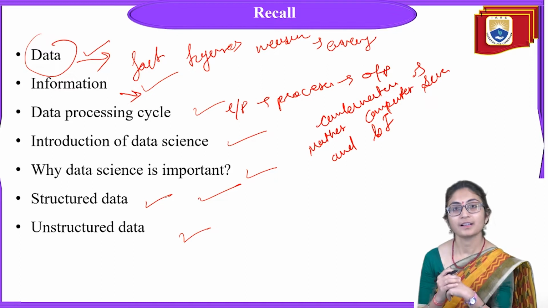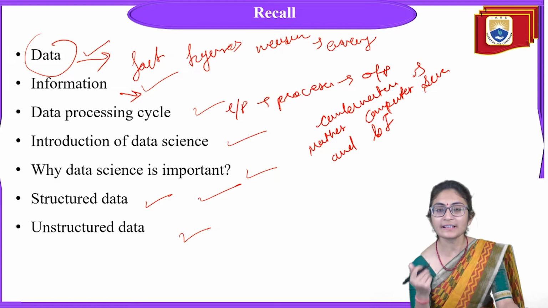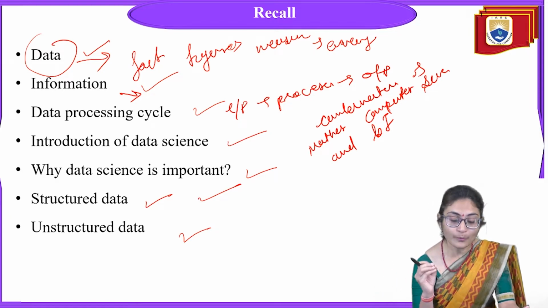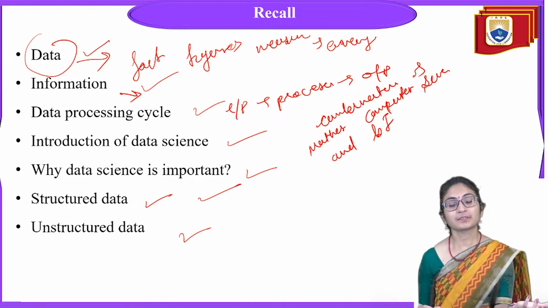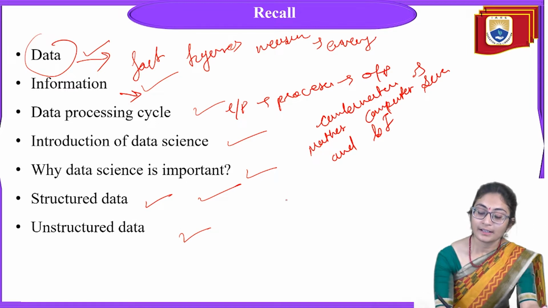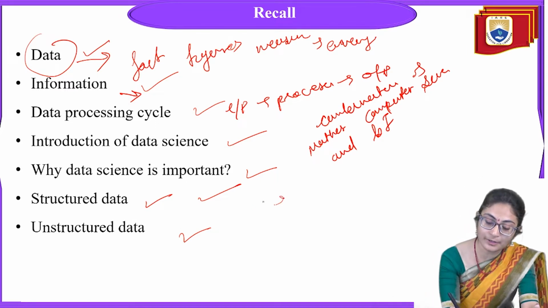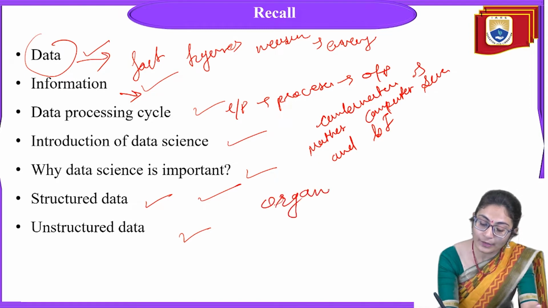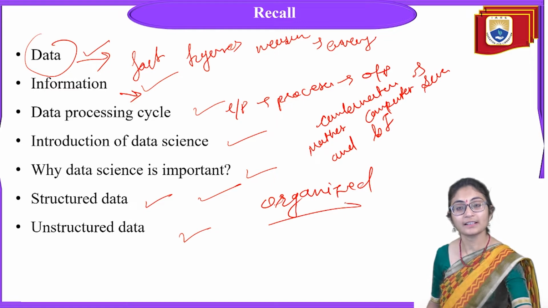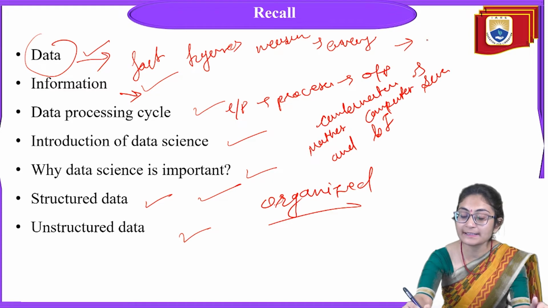Then structured data. Whenever you are collecting data from various sources, it is not necessary that it will be in structured format. When you collect data from the sources, it may be in organized form. That data in organized form is the structured data. But when we collect data from sources, it is not always in organized format.